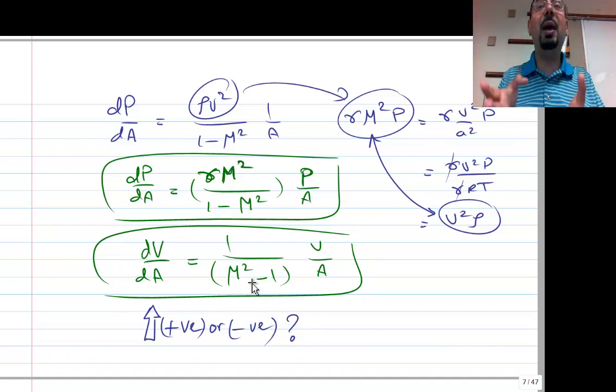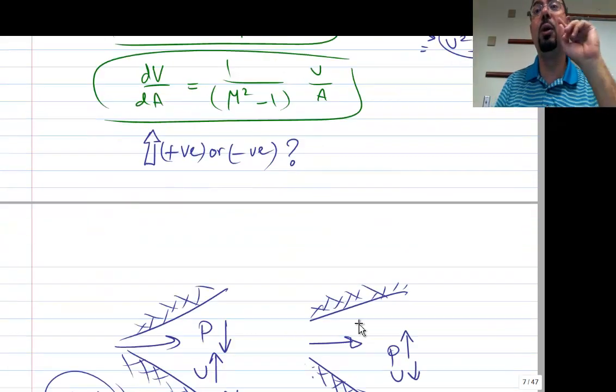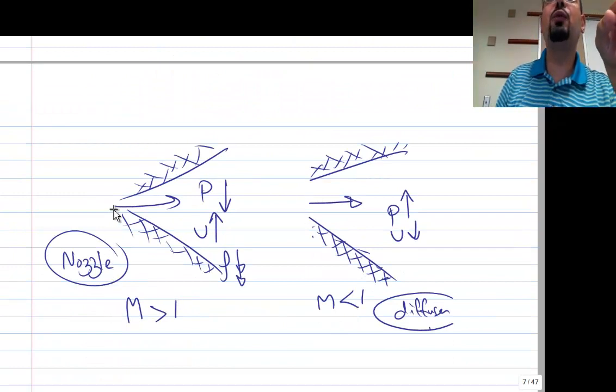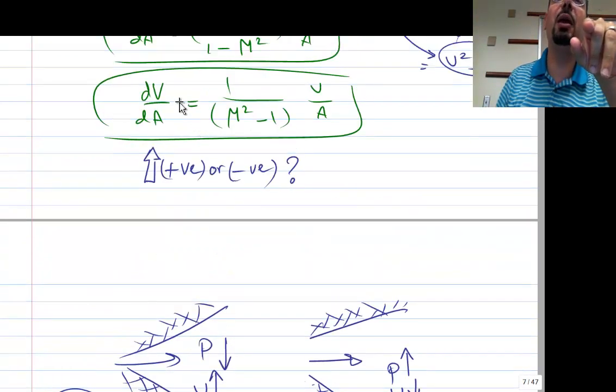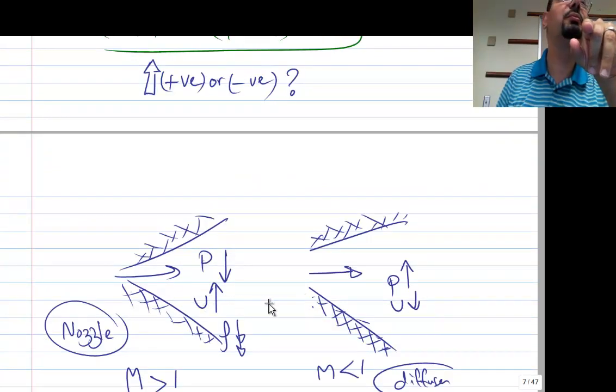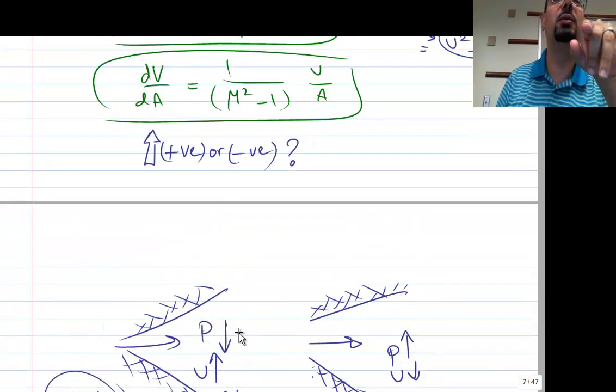So the Mach number basically tells us that depending on the magnitude of M, if M is bigger than 1 or less than 1, this will flip the sign of dV by dA. So a supersonic flow will go to something like this, and it says, wow, area is getting bigger, I better increase. And supersonic flow will love it.